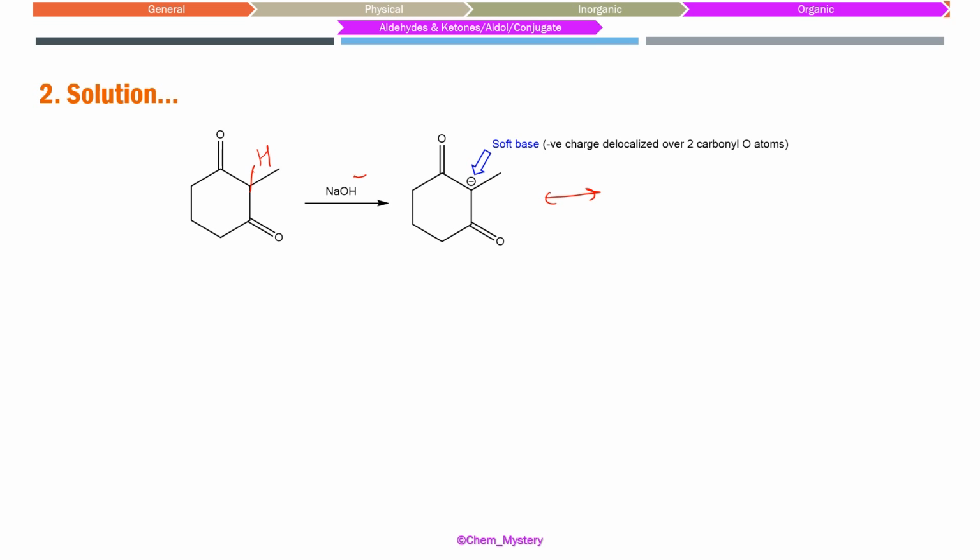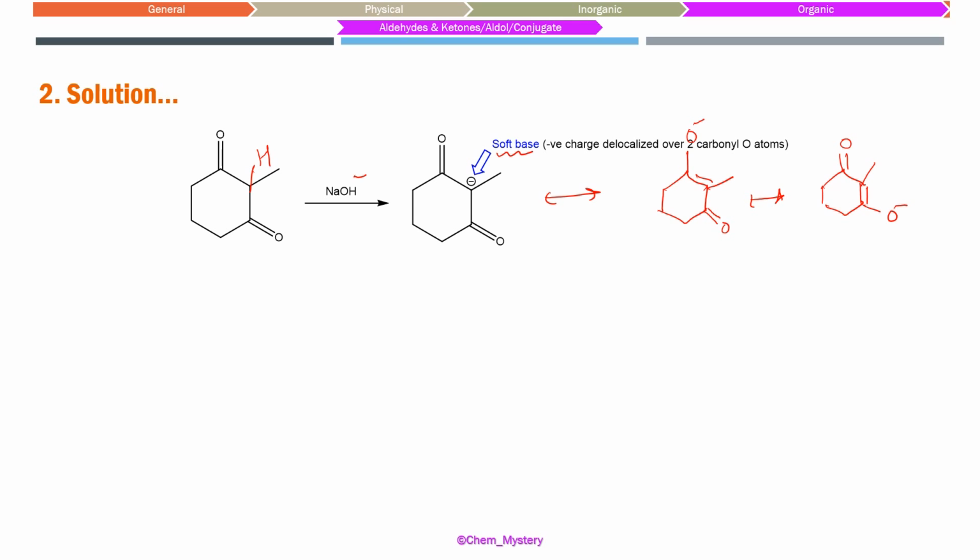Oxygens are very good at stabilizing this negative charge, so we can write this resonating structure as one resonating structure. In another resonating structure, the negative charge can go onto the other oxygen on the other side. Let this be double bond O, and this negative charge goes out here. Negative charge stabilized by 2 carbonyl groups is going to be very stable, and we say this is soft because this carbon is going to have relatively less charge density in comparison to a usual carbanion, where the carbon is bearing the full negative charge itself. So this is the soft base.